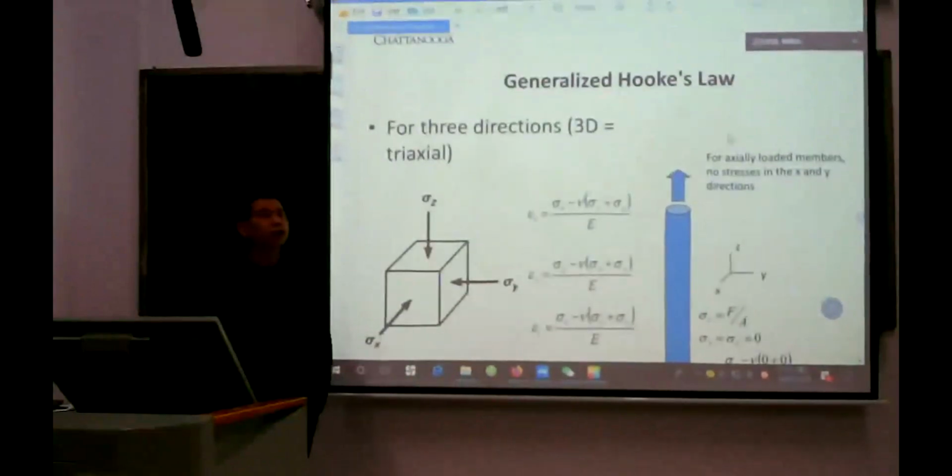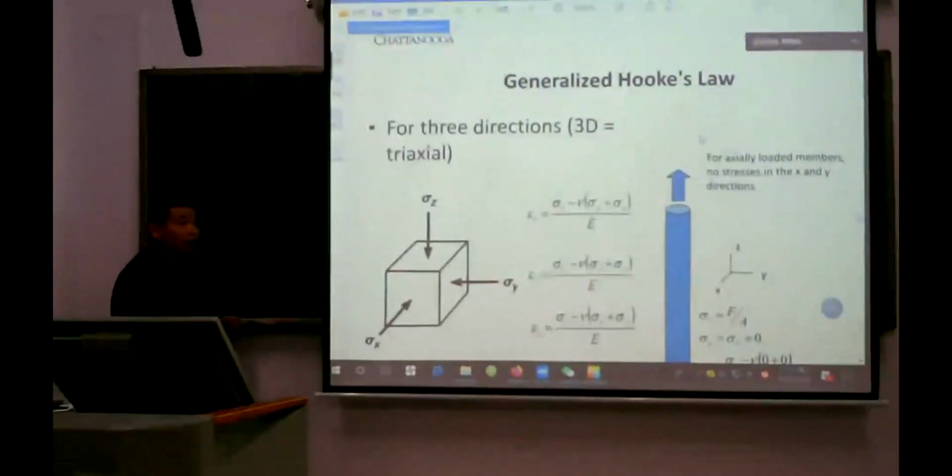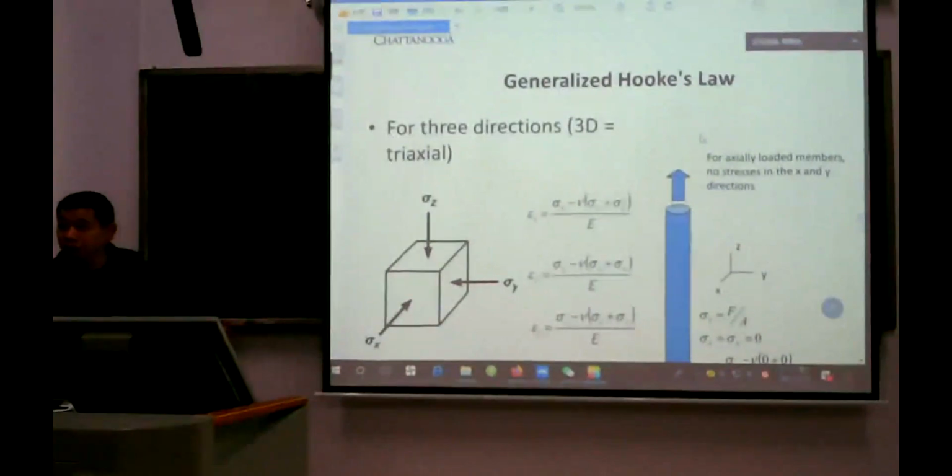We know Hooke's law. Yes or no? I introduced it. It's also Hooke's law for shear stress and shear strain.